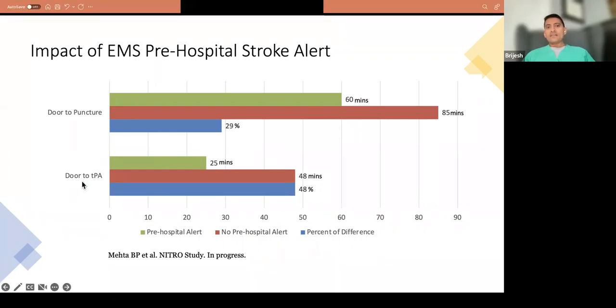Now, what about for IV TPA? So the door to puncture is for mechanical thrombectomy, the treatment I just showed you. For IV TPA, the clot busting medicine given within 3 up to 4.5 hours, it's the same thing.